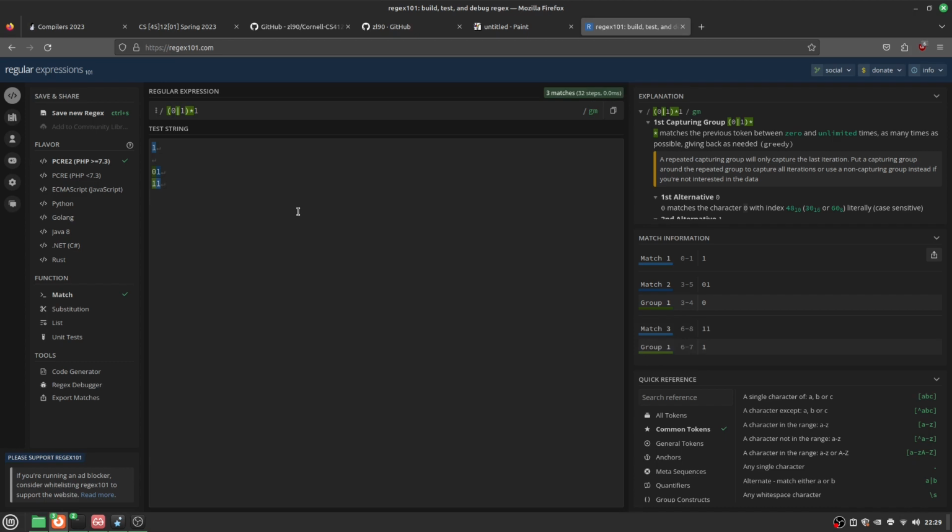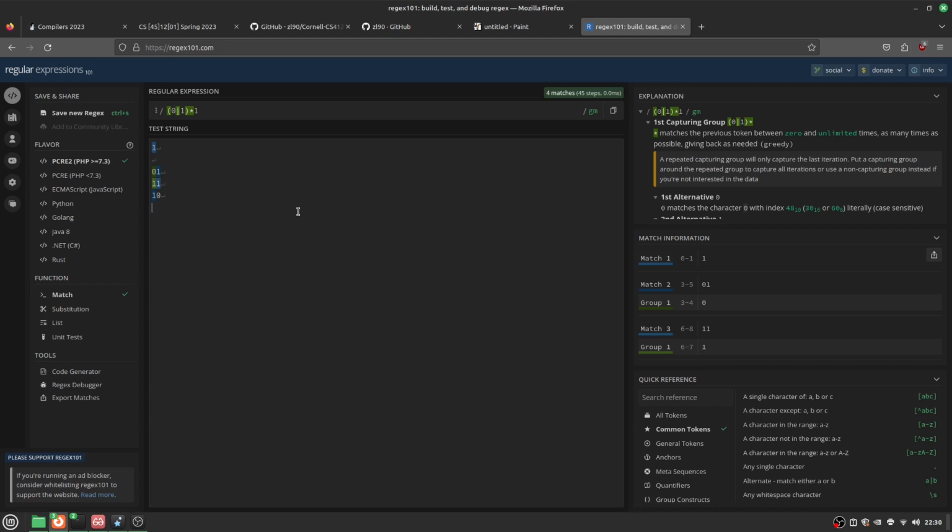We know it should always end with a 1, so can it equal 1, 0? That should not match. Did that just match? Zero or more occurrences of 0 or 1 should be concatenated with a 1.